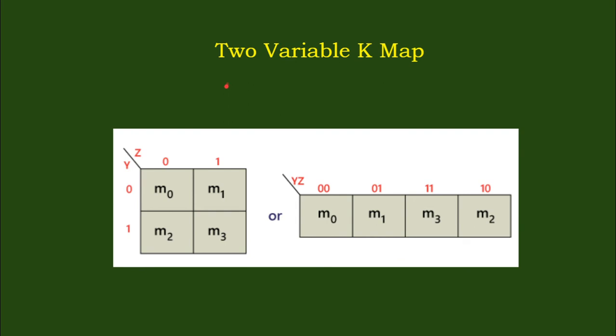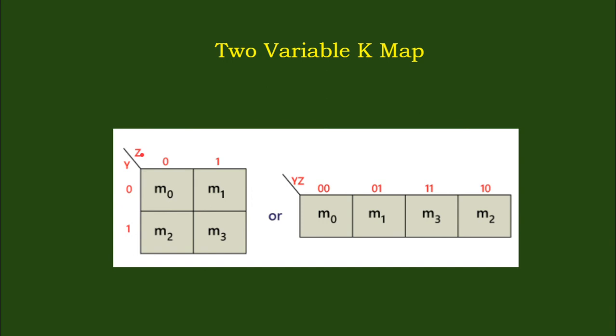Then from the equation we have to pick up the values and fill the cell as 0 or 1. If the combination is present in the cell, we have to put 1. If the combination is not present, we have to put 0. For example, if we have the combination YZ, we know that when it is 0 it is in the complement form, when it is 1 it is in the normal form.